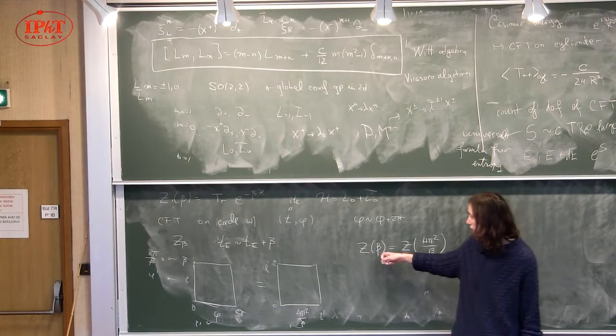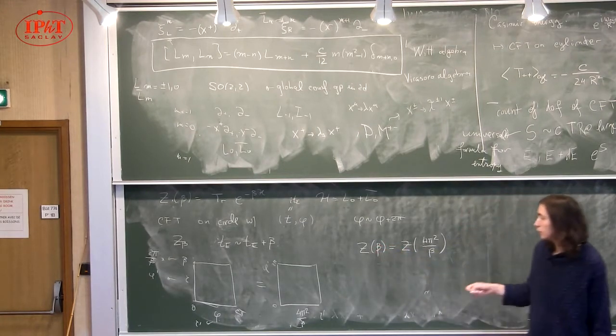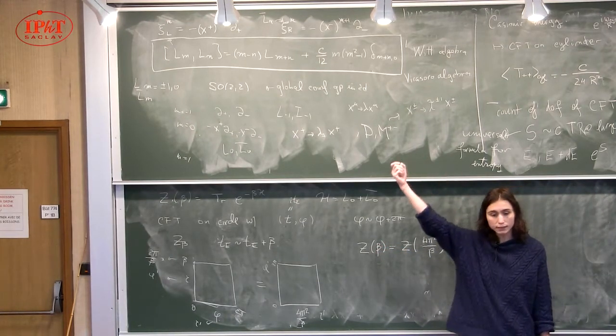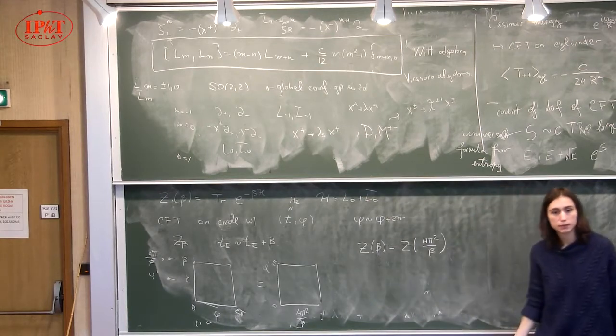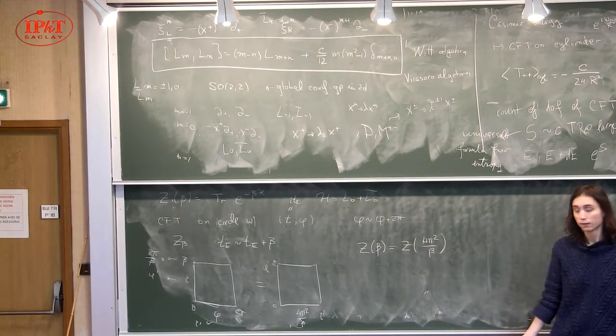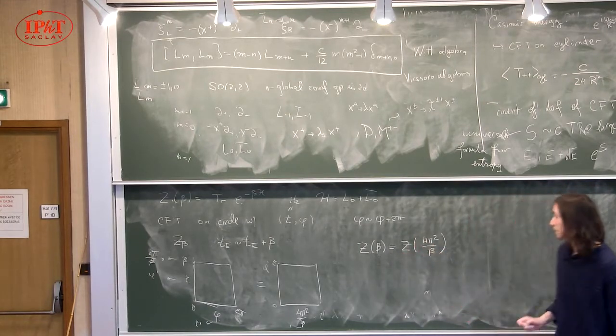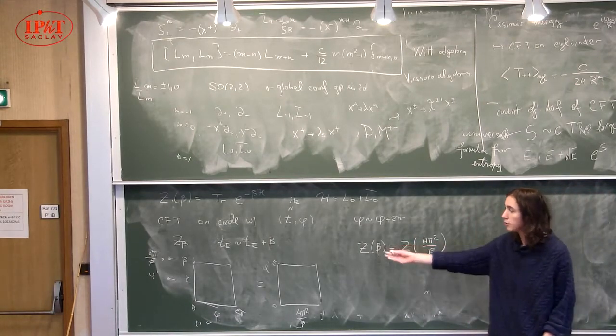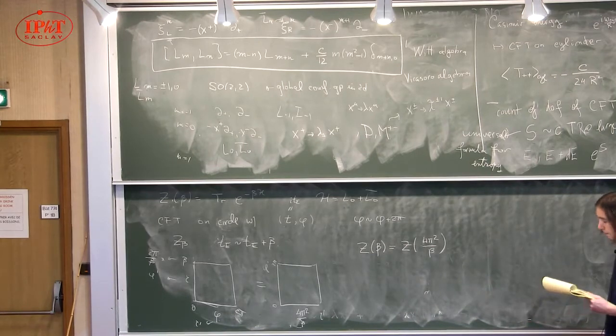But you see, this is very interesting. So beta was the temperature. So this tells you that the partition function at high temperature is related in a very simple way to the partition function at low temperature. So this is a very non-trivial relation that follows from this. Good.